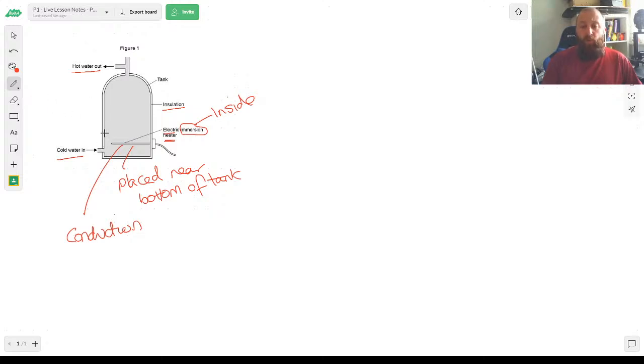That's going to make the cold water particles gain energy and start moving faster, so they're going to bounce off each other more. As they bounce off each other more, they're going to get further apart, and that means they have become less dense. So if we're going to bring in density here as well, we've got the least dense and the most dense down here.